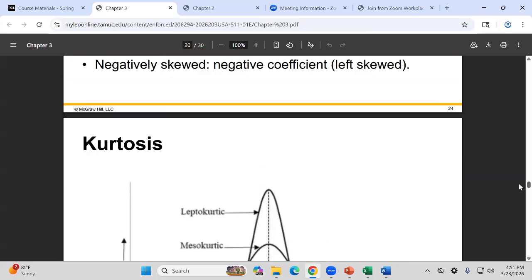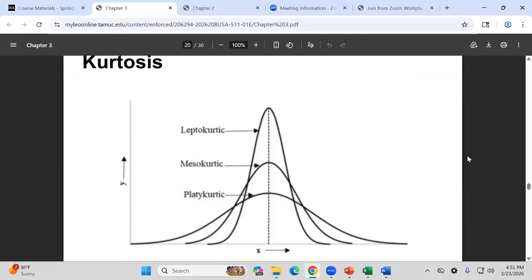Another way to measure the shape of a data set is called kurtosis. We have three types of kurtosis: leptokurtic, mesokurtic, platykurtic. Right.